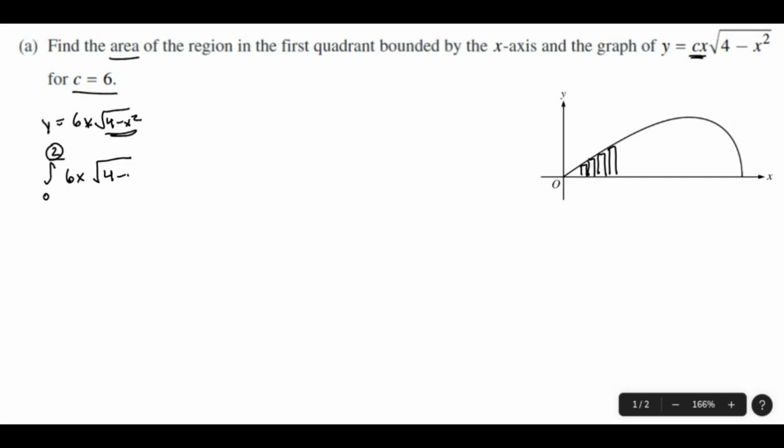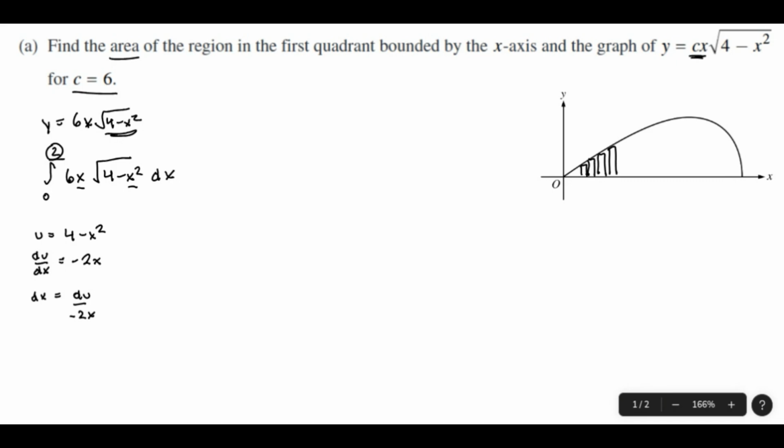So now here we can do a u sub because we got x squared and x. So we're going to set our inner or x squared higher term as u, and we can derive that, so we get negative 2x. And now we're going to get it into terms of u.